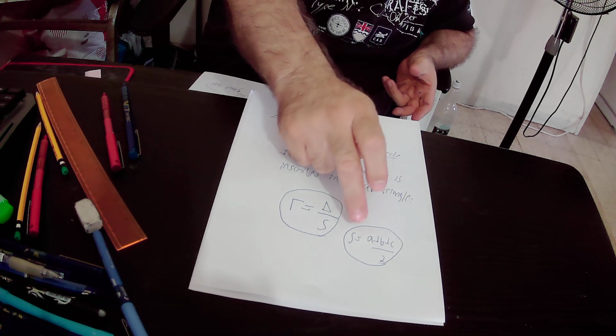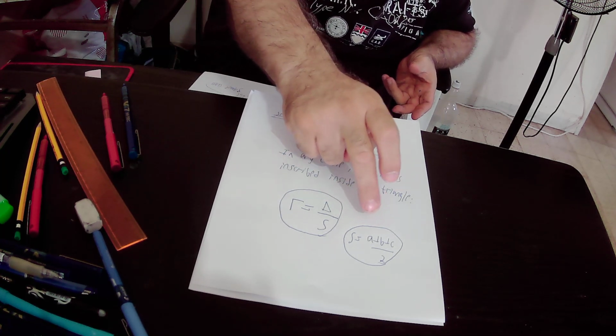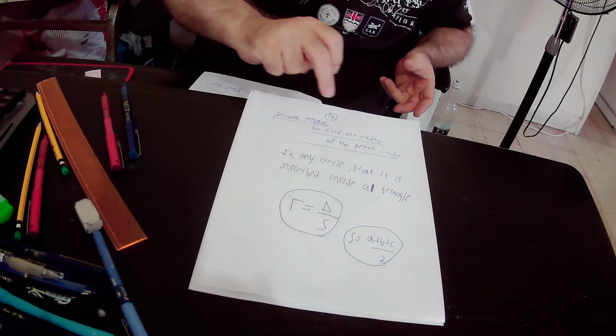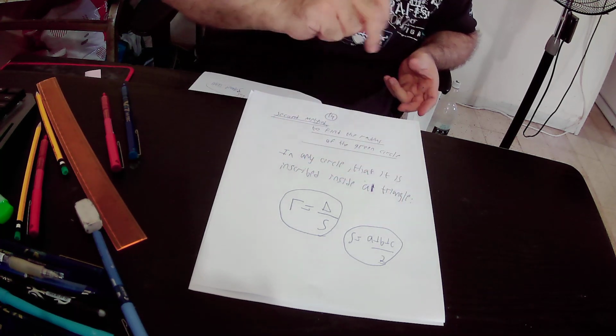The semi-perimeter of any triangle equals the sum of its sides over 2. Okay? That is to say A plus B plus C over 2.